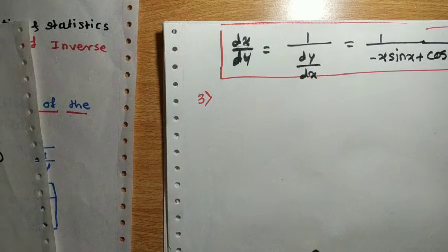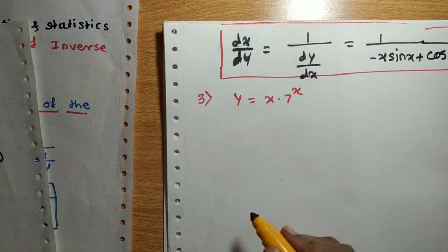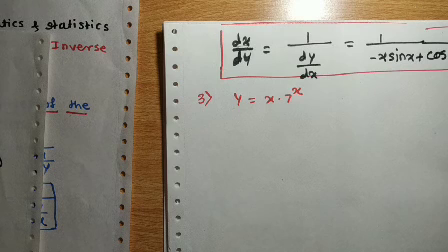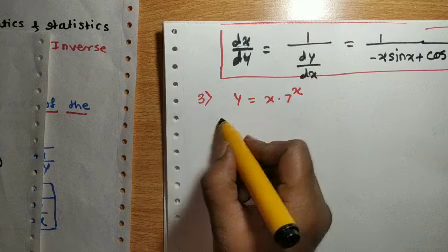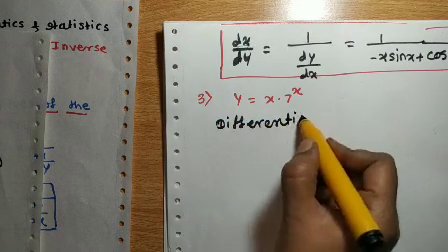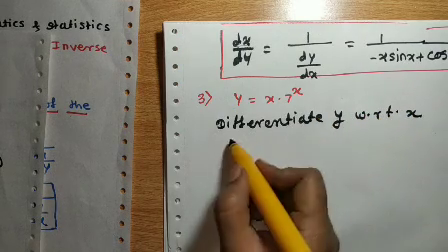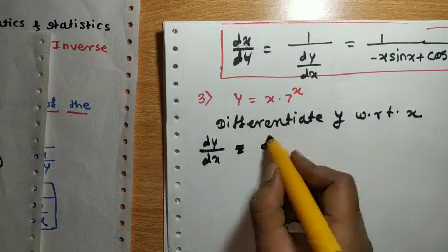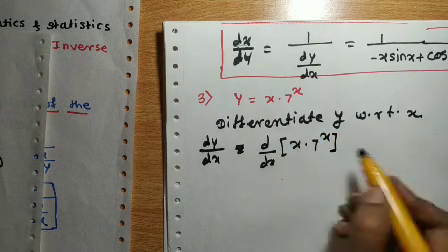The third example is y is equal to x into 7 raised to x, and we solve it by using the previous method. Differentiate y with respect to x, we get dy by dx is equal to d by dx of x into 7 raised to x.